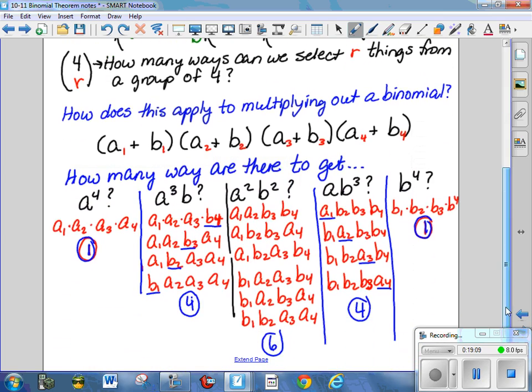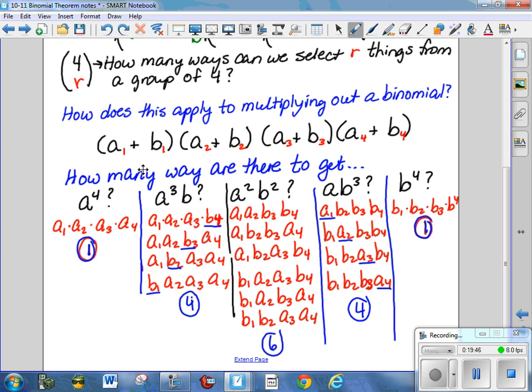Then how would this apply to multiplying out a binomial? So if you actually numbered this as a sub 1, b sub 1, a sub 2, b sub 2, and so forth, and you multiplied this out, how many ways are there to get an a to the 4th? Well, you'd have to multiply a to the 1st, a to the 2nd, a to the 3rd, a to the 4th to get a to the 4th. How many ways are there to get a to the 3rd b? Well, if I multiplied the 3 a's from the first ones times the b in the last one, that would be a to the 1st, a to the 2nd, a to the 3rd, b to the 4th.